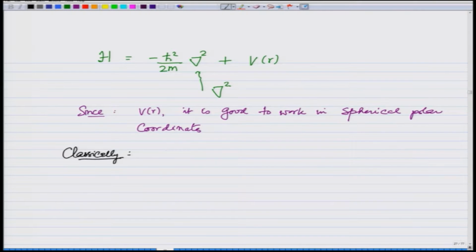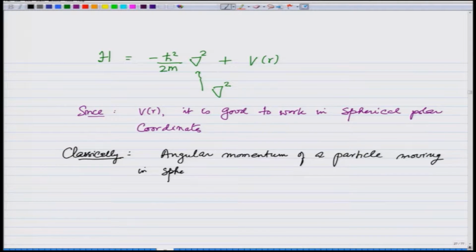Now, classically, what we expect in such potentials is that angular momentum of a particle moving in spherically symmetric potentials is conserved. This is what we know.